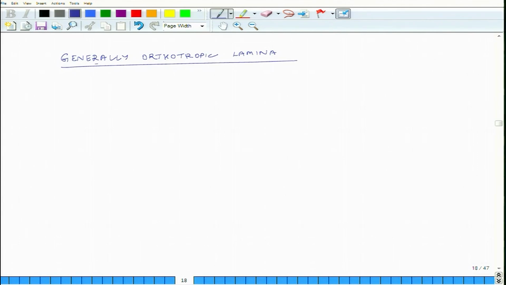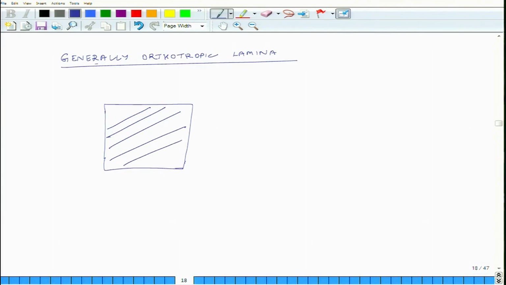Generally orthotropic lamina, and here the reference system and the convention for the angle is important. So, here we have the material sample such that its fibers are oriented like this.